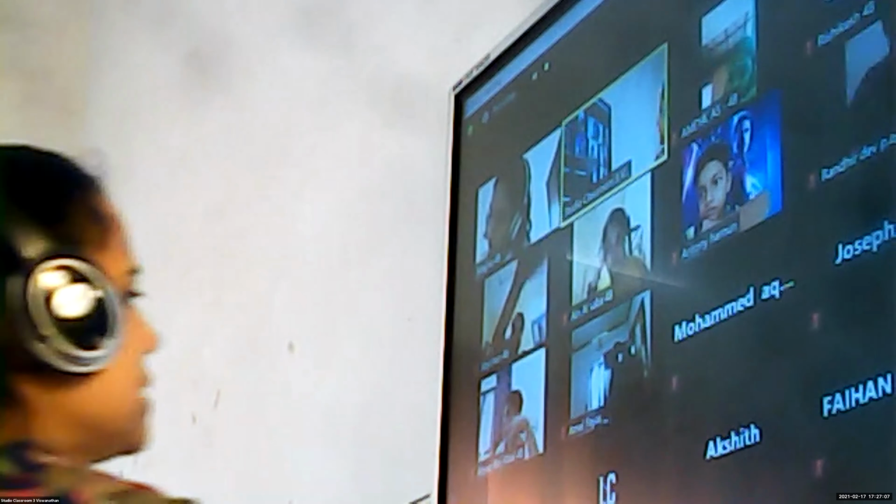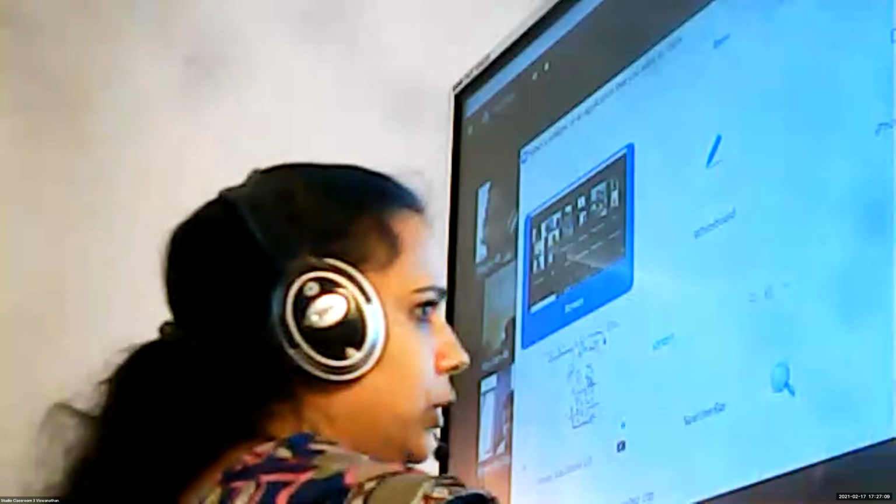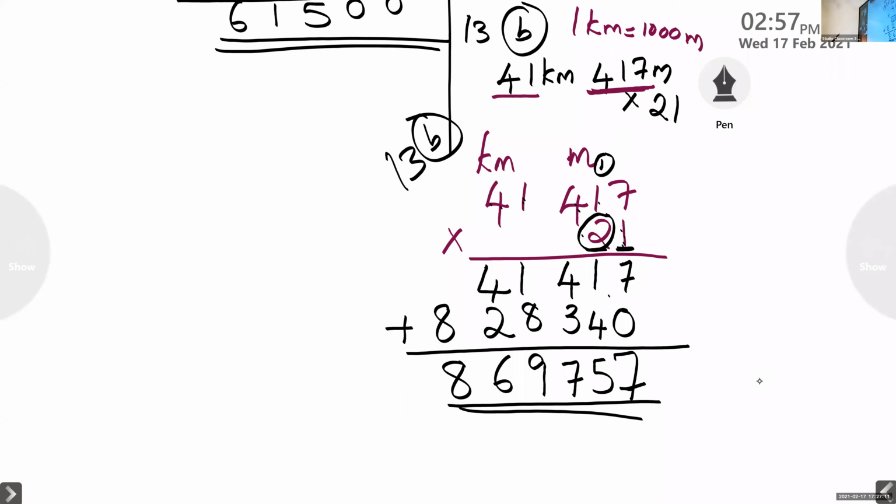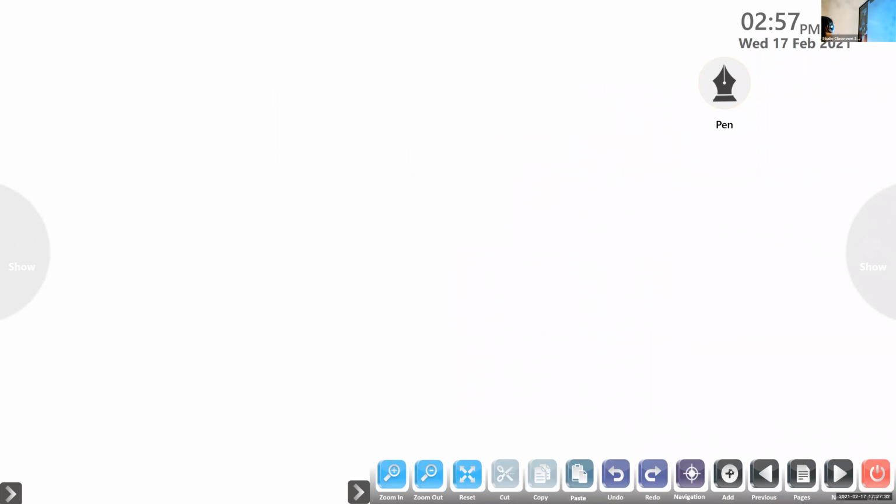No. Just write the numbers one below the other according to your kilometer, meter. You have to see if we have the conversion, 1 kilometer is equal to 1000 meter. In the meter side, we should have 3 digits. So here the answer is 869757. Normal multiplication.